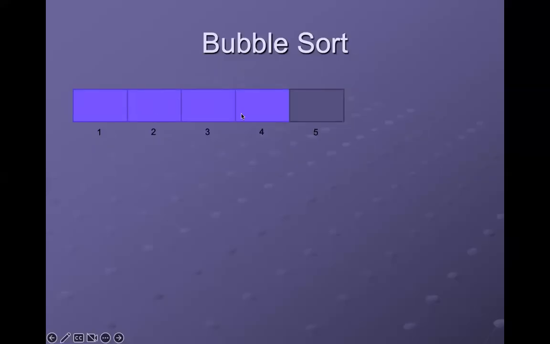We have a set of numbers, each having their index or position in the list. The bubble sort with 5 elements will have 4 passes. That means that if n is equal to 5, then there will be n minus 1 passes.